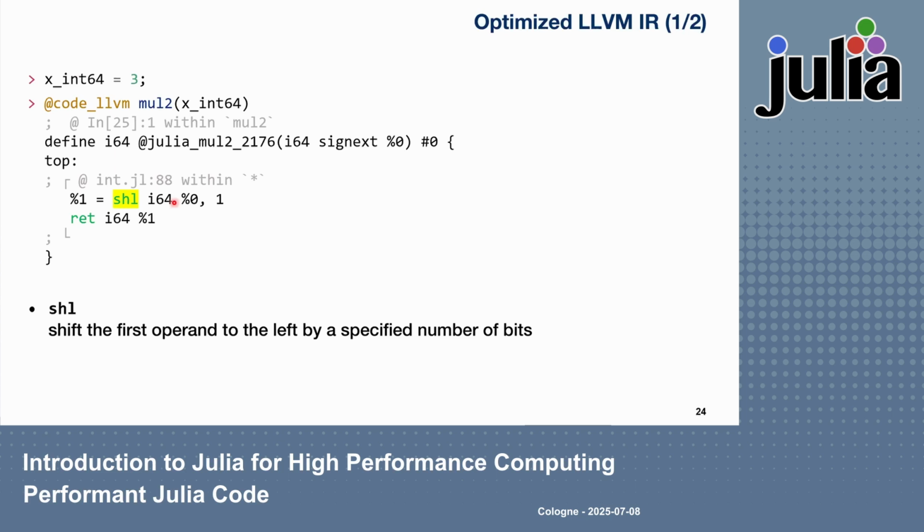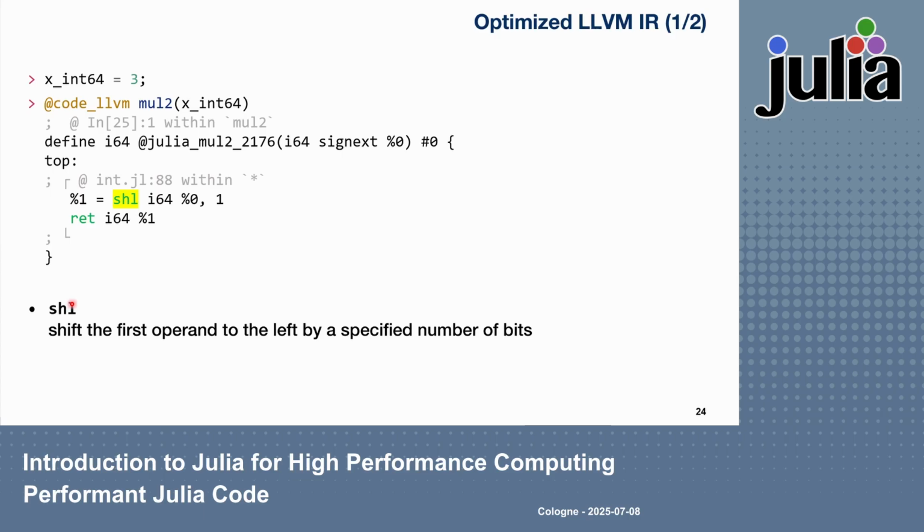What's that? We want to do multiplication. Why is it SHL here? What's the meaning of this? If you dive into it, SHL means to shift the bits of an integer. I don't know how many of you are comfortable with bit operations. This is a little bit low-level.